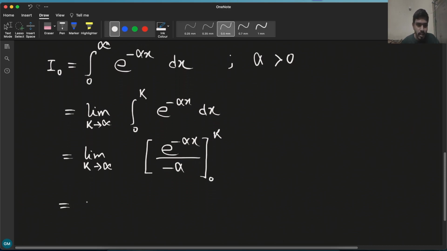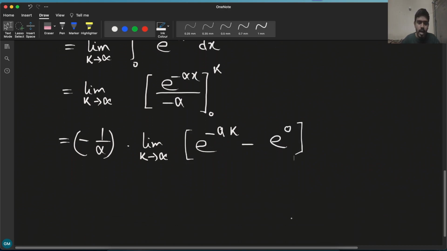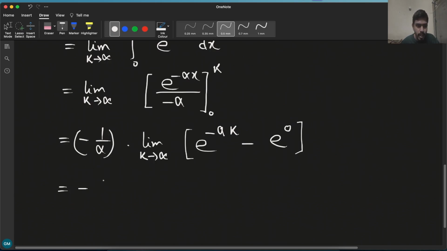So I can take this minus 1 by alpha outside. Then it is limit k tends to infinity, e to the power minus alpha k minus e to the power 0, which is nothing but minus 1 by alpha times limit k tends to infinity, e to the power minus alpha k minus 1.